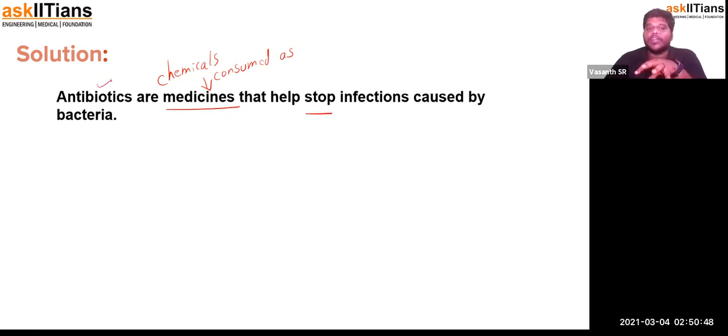That is the function of antibiotics on bacteria: to stop them from causing discomfort in the human being or the host into which they have gone. I hope you have understood about antibiotics also.